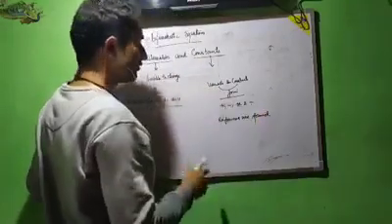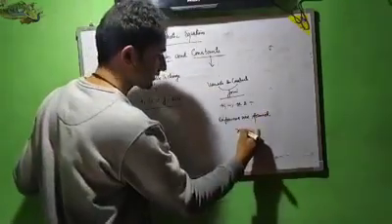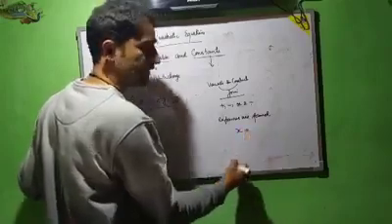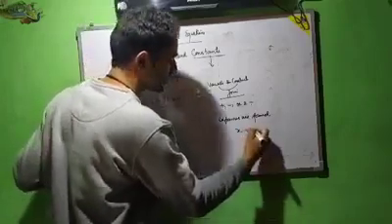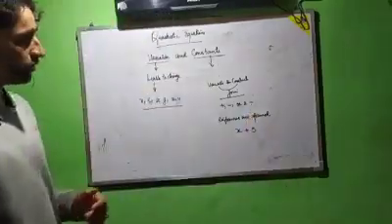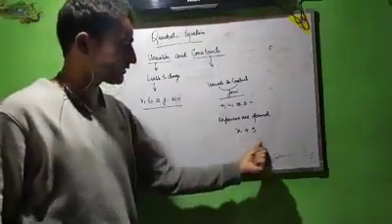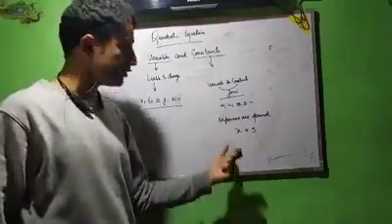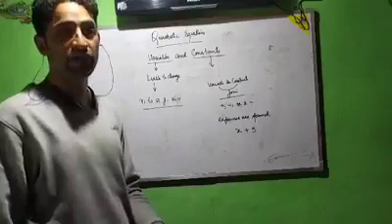Like if we join variable x by the operation addition to some constant 5, we get an expression x plus 5. It means x is a quantity to which 5 is added.